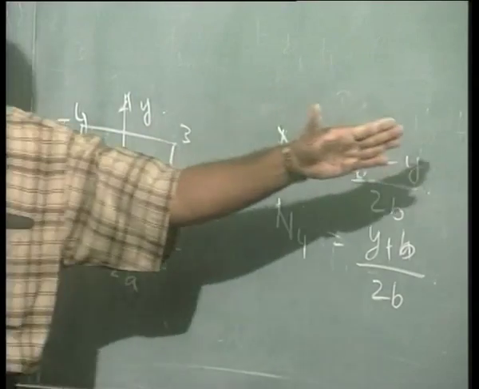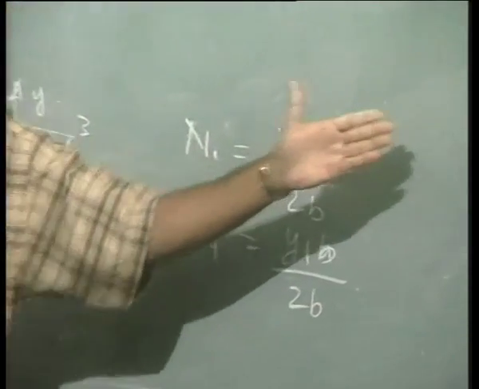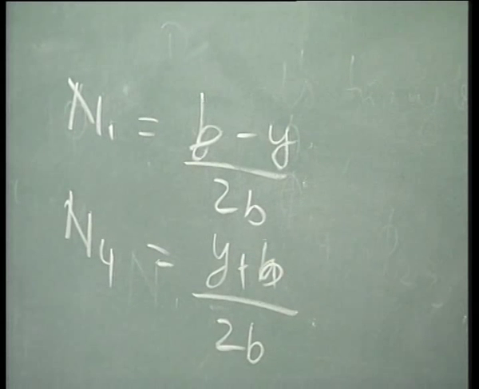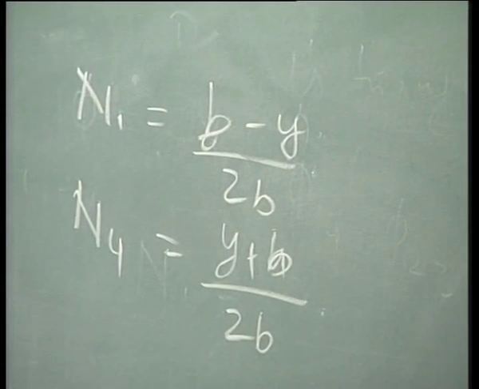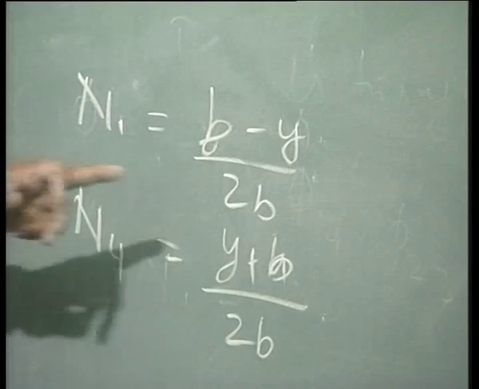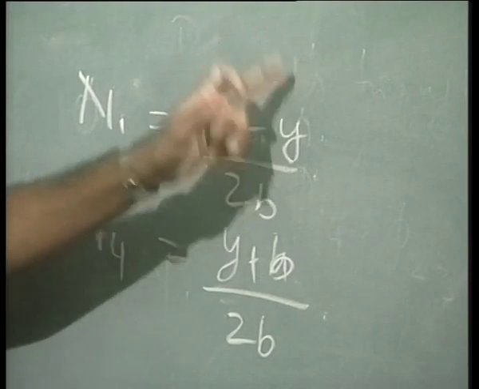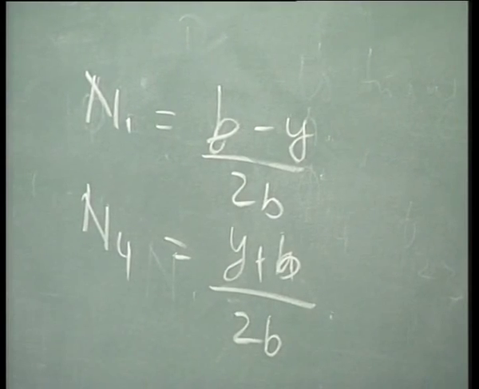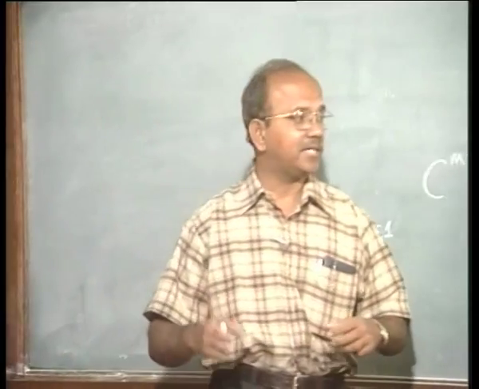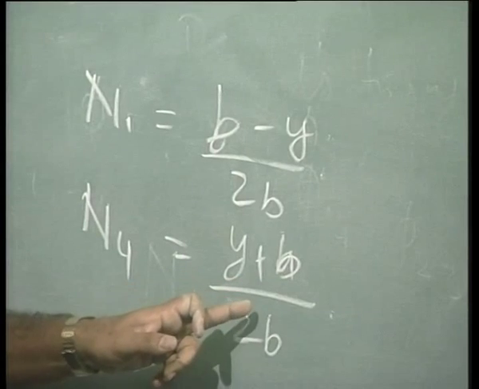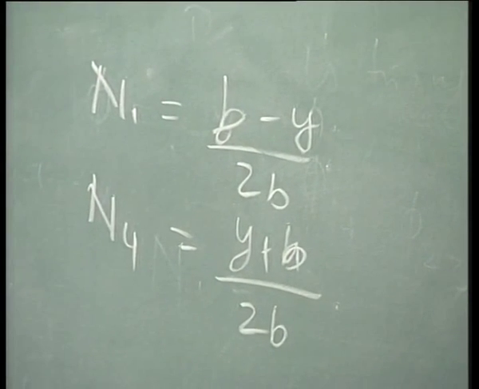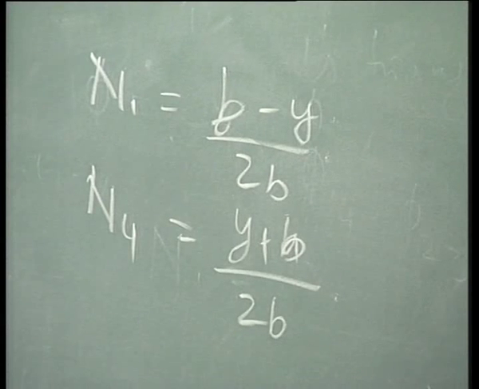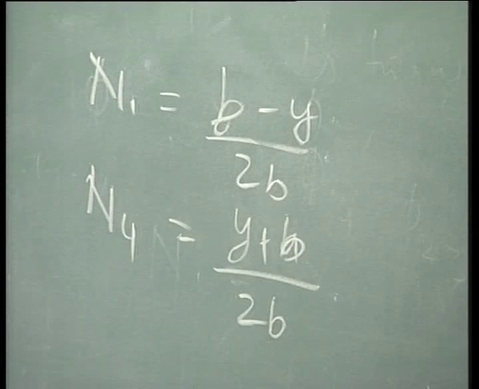Actually it's very simple: y4 minus y divided by y4 minus y1. y4 minus y1 in this case is 2b. y4 happens to be b, so b minus y divided by 2b, that's all, nothing else to it. In the other case it's just the other way. Both of them become minus, and hence the minus in the numerator and denominator cancel, so you get y plus b divided by 2b. So you can now write down phi 1, 4.